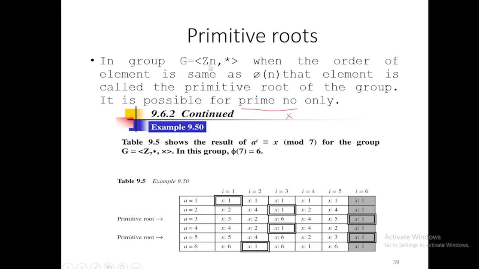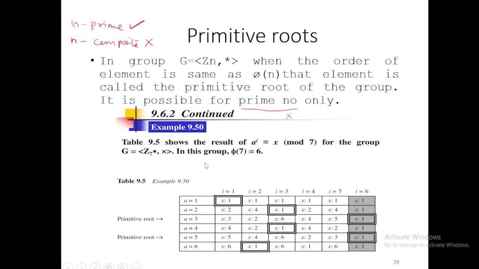And if the n value is prime only, primitive roots are possible. So if your n is a prime number, it has a primitive root. If n is a composite number, then it does not have a primitive root. So this is the condition.